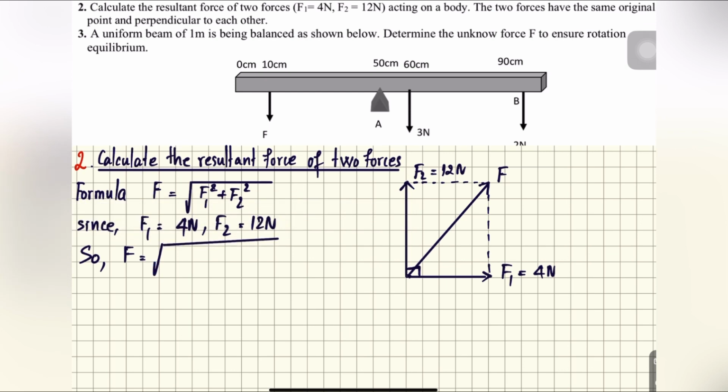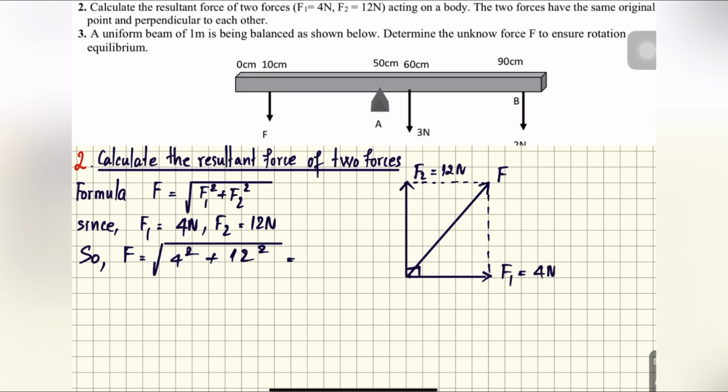So the resultant force is going to be 4 squared plus 12 squared. 12 squared, 12 times 12, is 144, plus 16, 4 squared, gives 160.